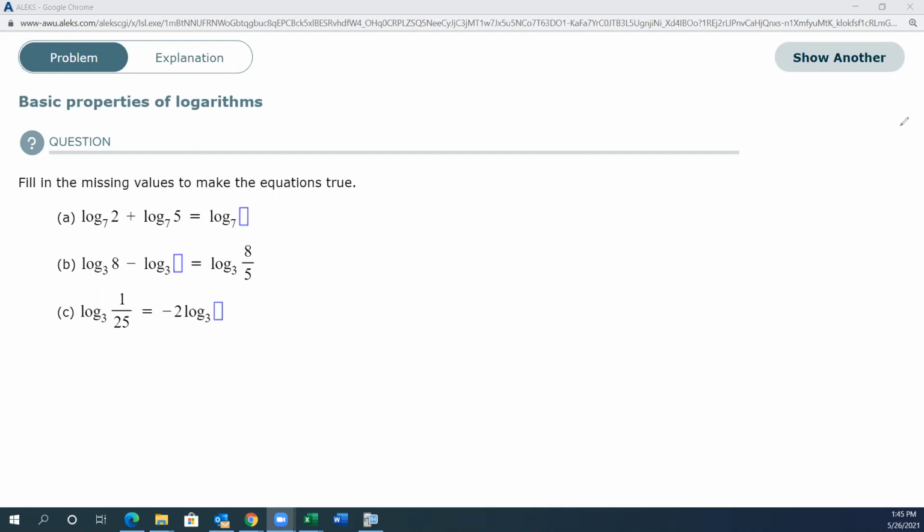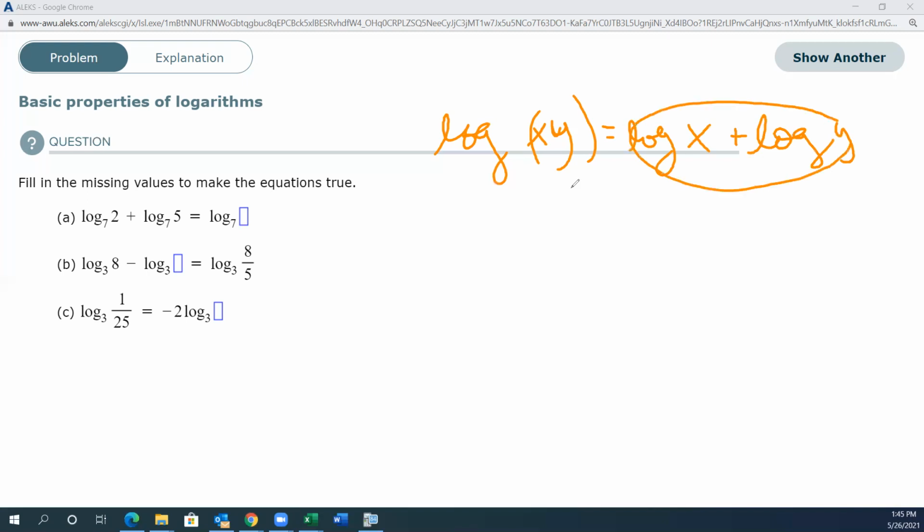One rule or property is if you have something like log, let's do log base 10, so log of xy, you can rewrite that, since x and y are being multiplied, as log x plus log y. It works, okay? Or if you see the sum of two logs, you can write it as a single log, right? Like that.